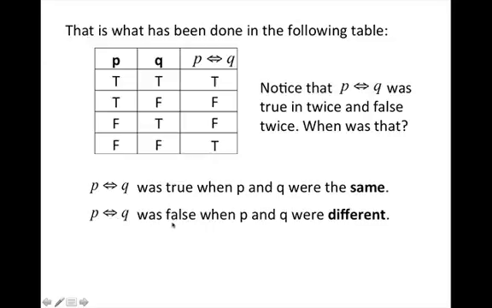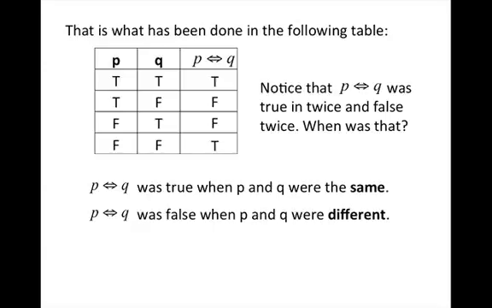Well, the biconditional was false when P and Q were different. In line 2, P was true, Q was false. They had opposite truth values, so my biconditional was false. In line 3, P was false, Q was true. They had opposite truth values, so my biconditional was false. That's the trick I want you to learn.